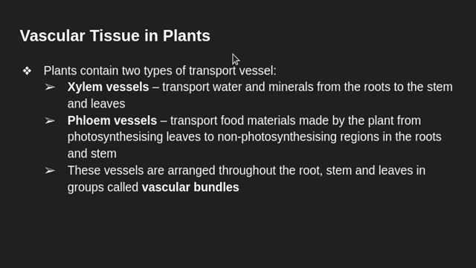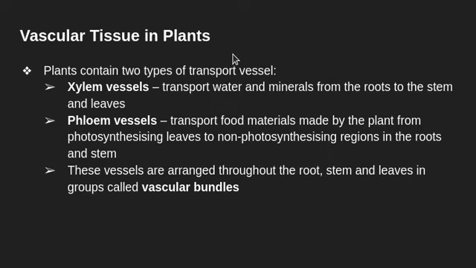So plants depend on the vascular tissues for this job of transportation of minerals, of water, and even of sugars, right? So plants contain two types of transport vessels, and we have the xylem vessels and the phloem vessels, right?